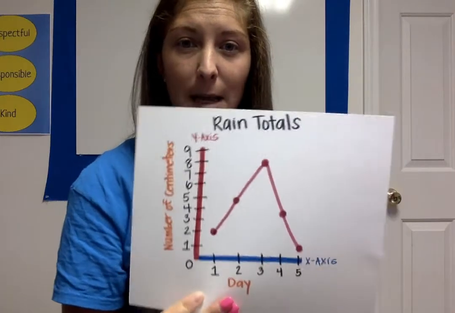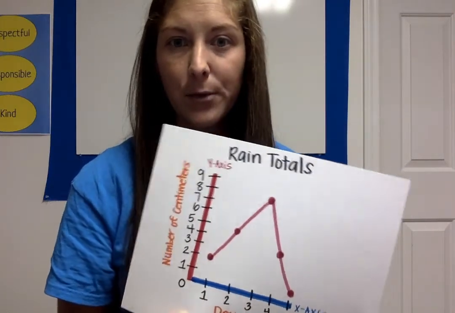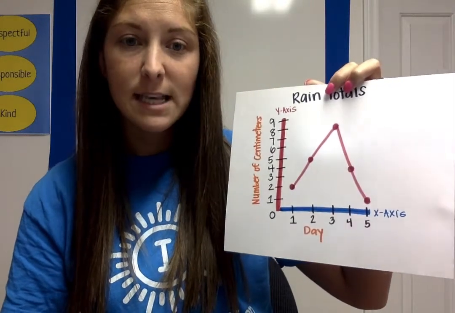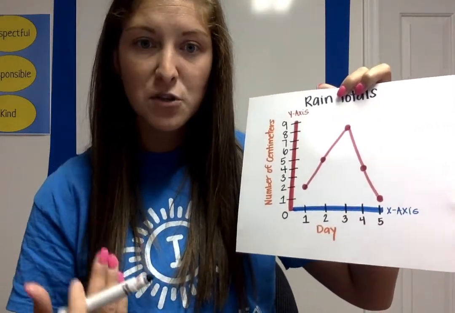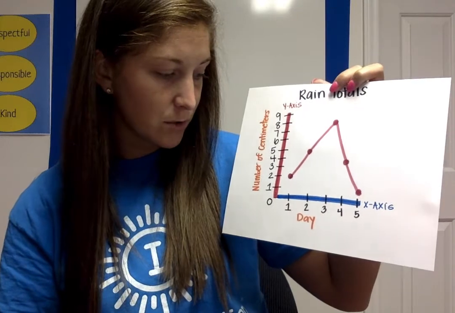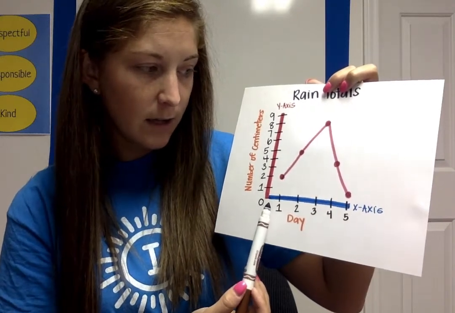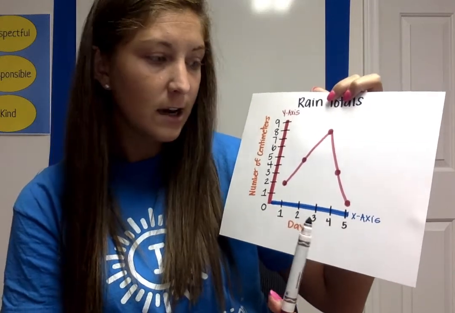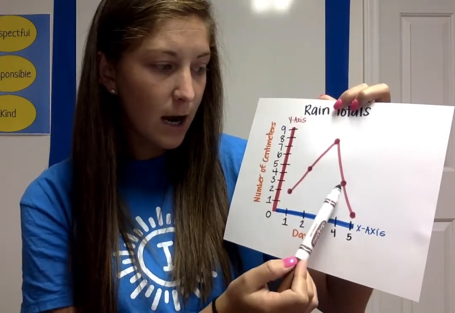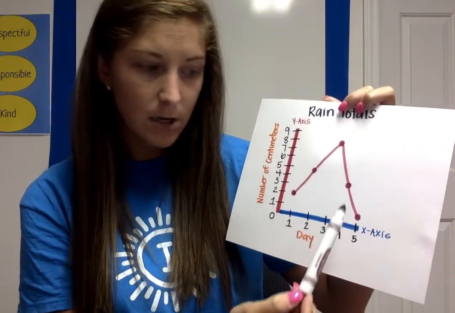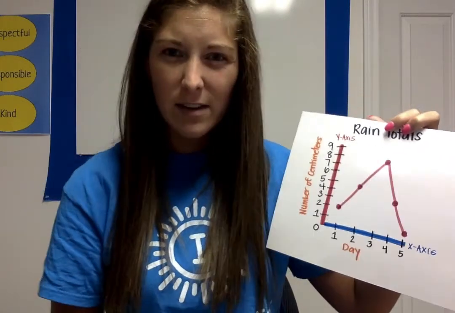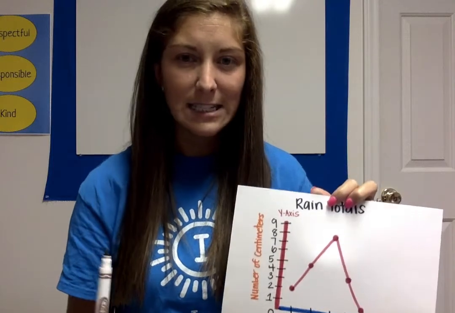Other questions might have you do some math with it. So they might be a little bit more difficult. They may say, what's the difference between the number of centimeters received on day 1 and day 4? Well, I can look here and see that on day 4, I received 4 centimeters. Day 1, I received 2 centimeters. And we have to think about that math word, difference.